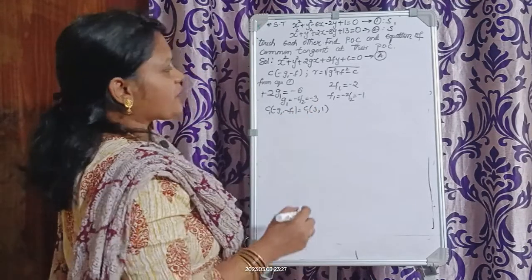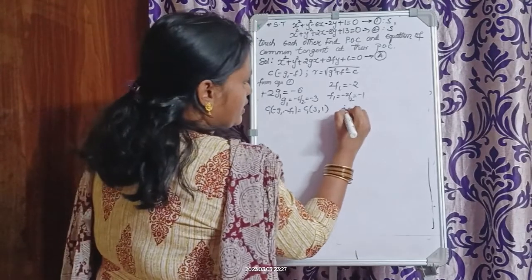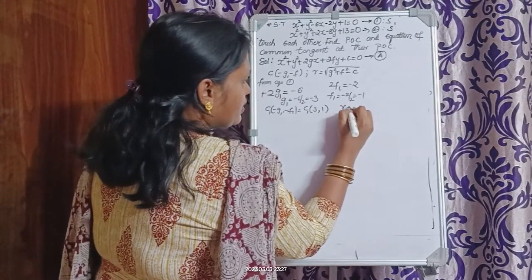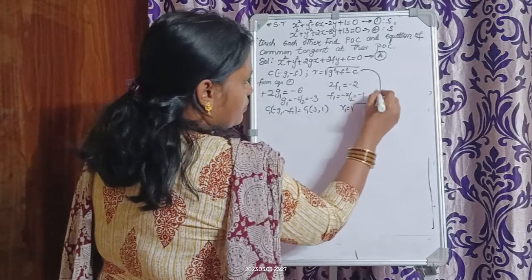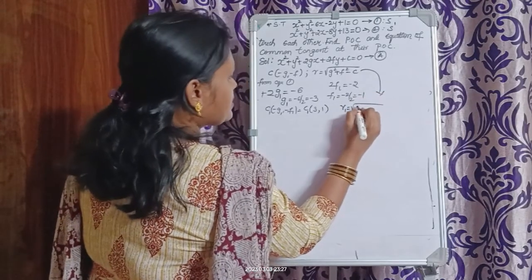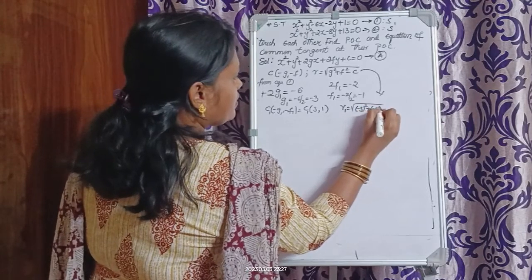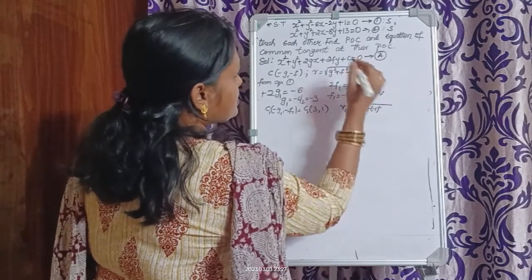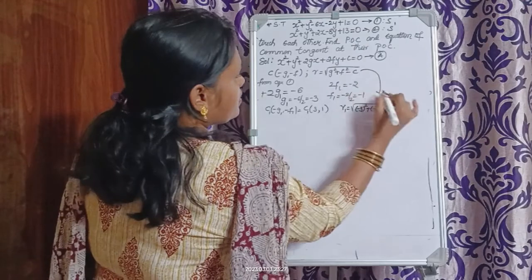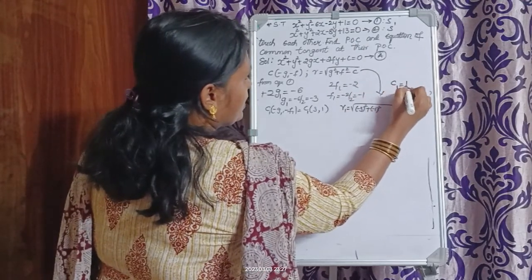Similarly, the radius r1 is, from this formula, square root of g1 square plus f1 square minus c. The c value here, c1, is 1, right?